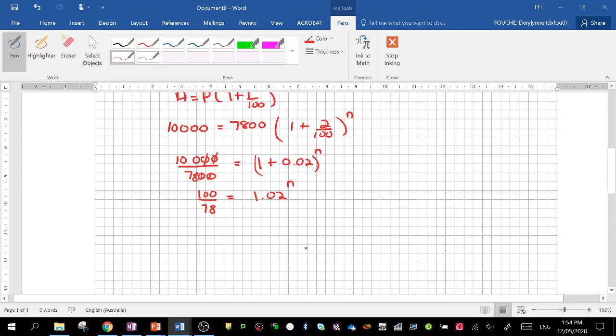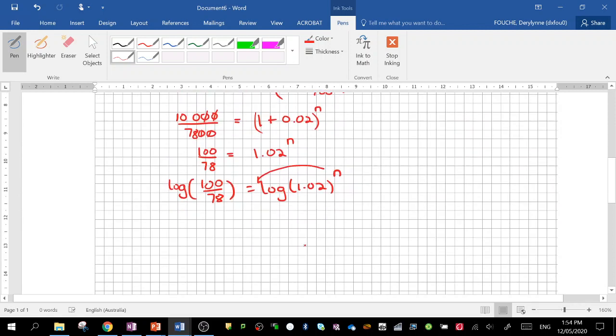And you can see that there's no way that I can get these bases the same to be able to solve for n, so I can use logs. So remember, if we log both sides, and remember our third log law told me that I could bring my n to the front of my log.